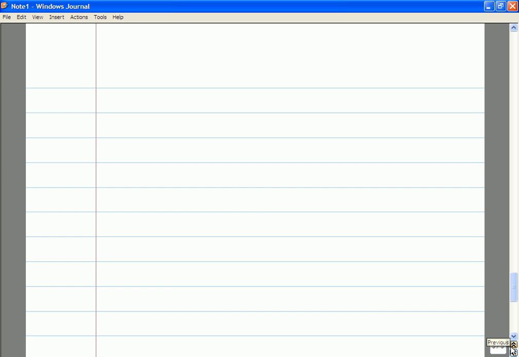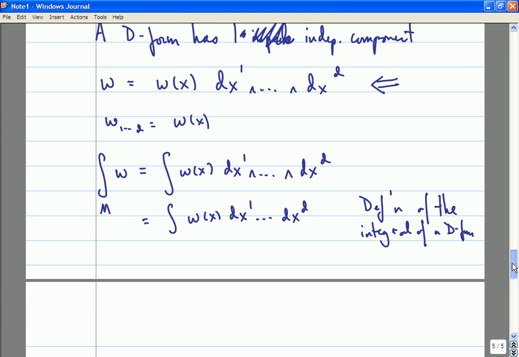So how does this D-form change under a change of coordinates? Well, let's imagine that we have some D-form, and let's write out this form explicitly in a given coordinate system. So what does this look like in a different coordinate system?